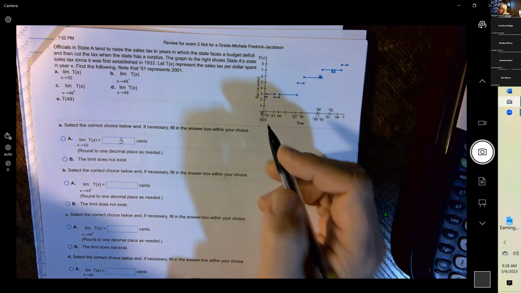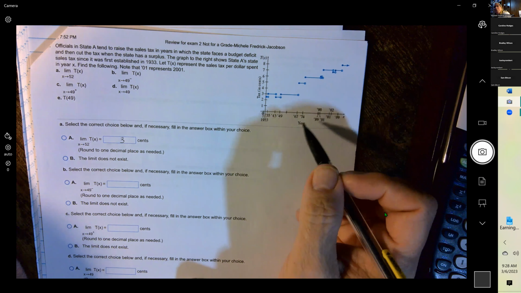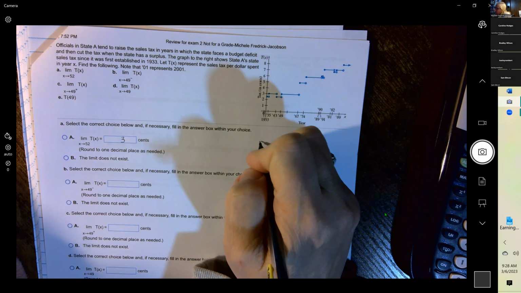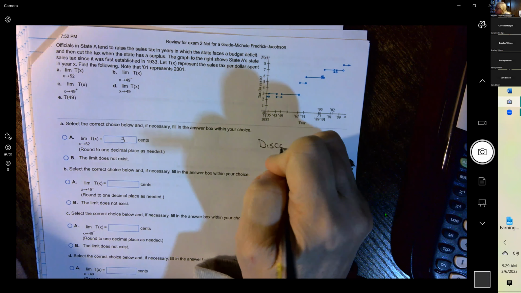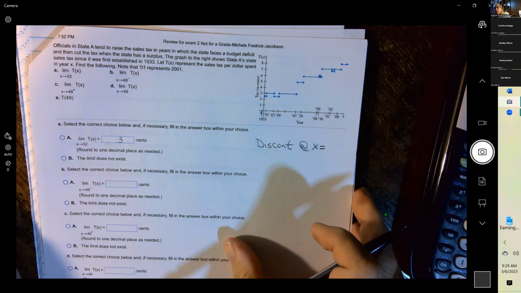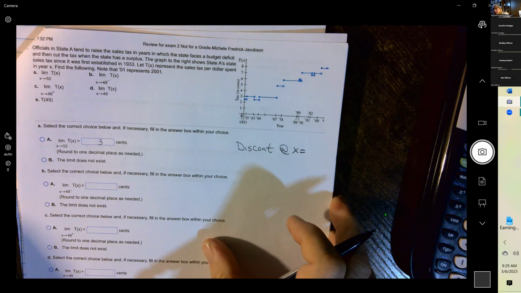On the test, I have a graph. Well, it doesn't have so many broken spots, but it will have spots, and it asks you where it's discontinuous. When you're saying where it's discontinuous, it's all the x values.